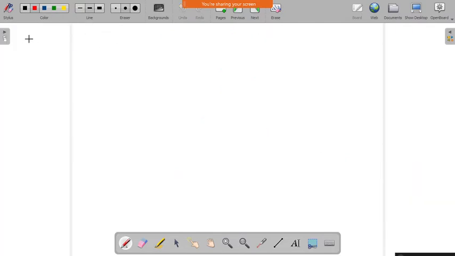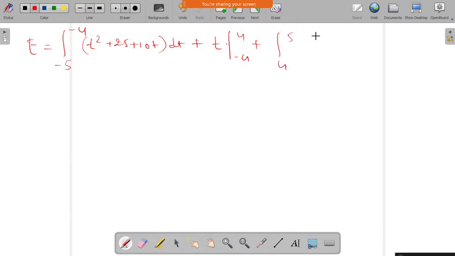So take this one and do it -5 to -4, t square plus 25 plus 10t. And if I do this one, it will give t, between -4 to +4, and then this one 4 to 5, t square plus 25 minus 10t into dt.